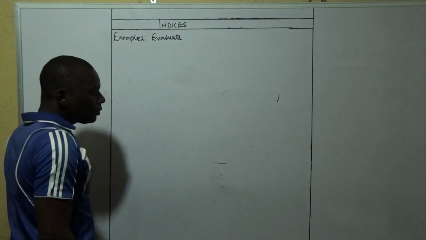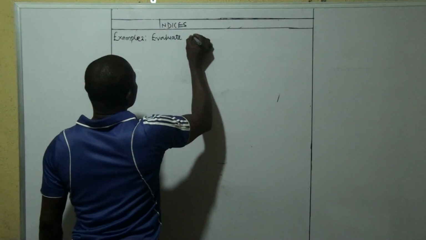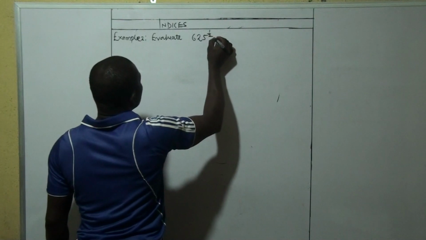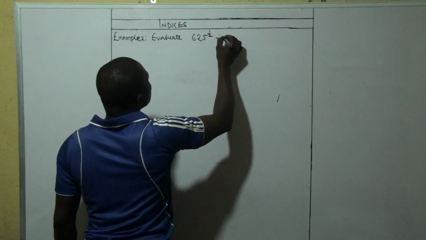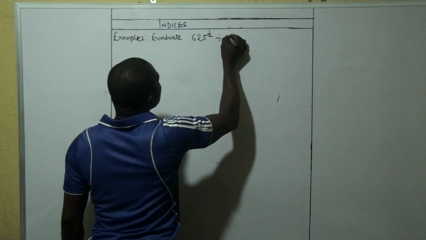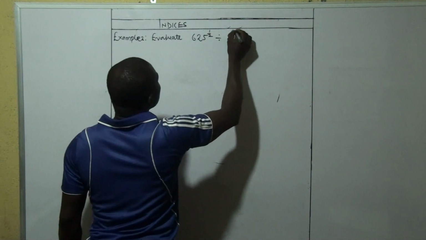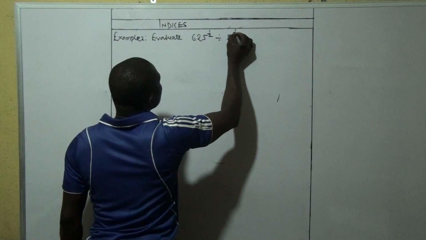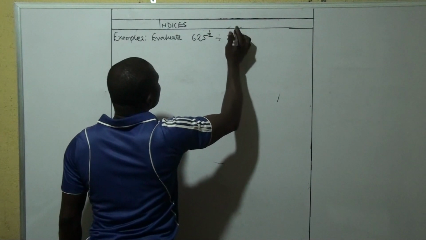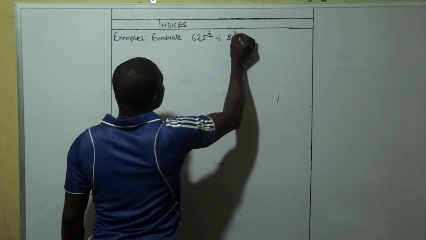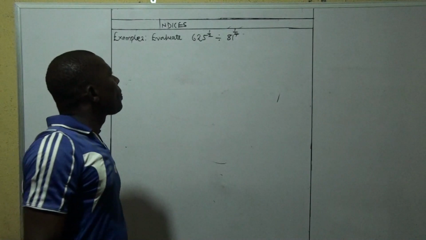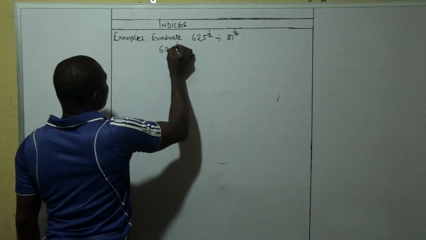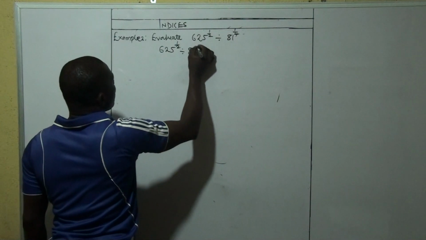Evaluate 625 raised to a half, divided by 81 raised to 1 over 4. Okay, so we should do this.